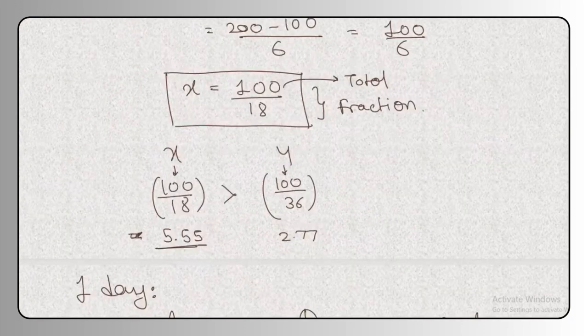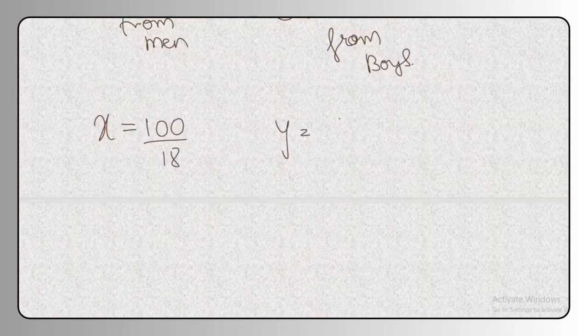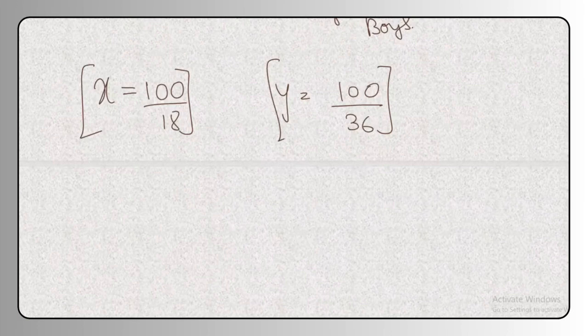It's 100 upon 18 and 100 upon 36. So 100 upon 18 is, again, the amount of work done by the man per day.